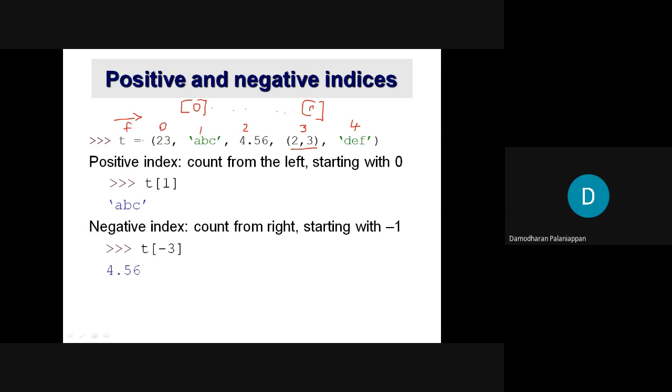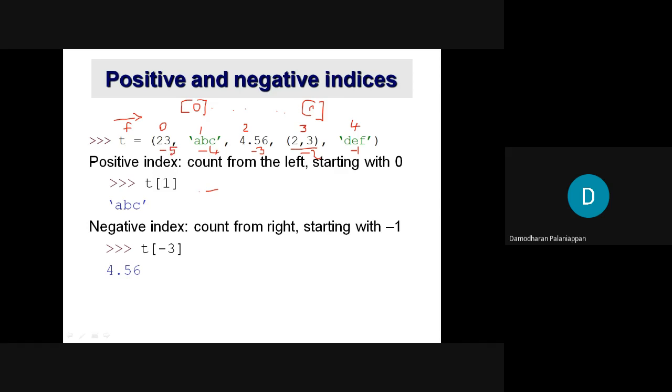If you are accessing from the front side, the index value is 0. I want to access the tuple from the reverse side by using the index value. Starting will be -1, -2, -3, -4, and -5.